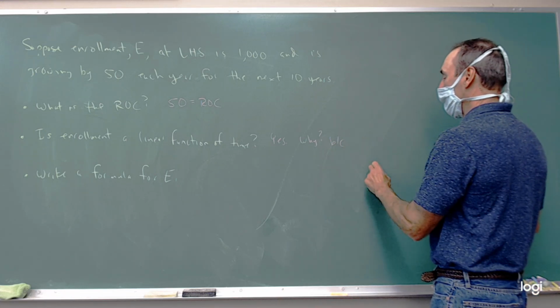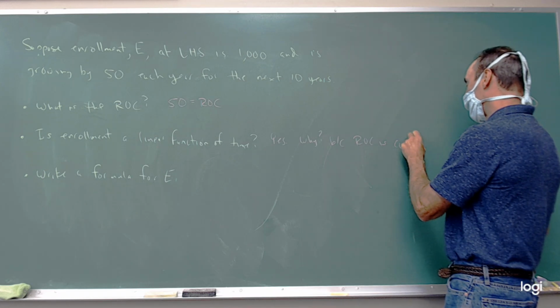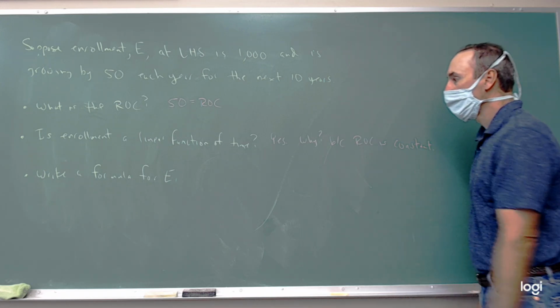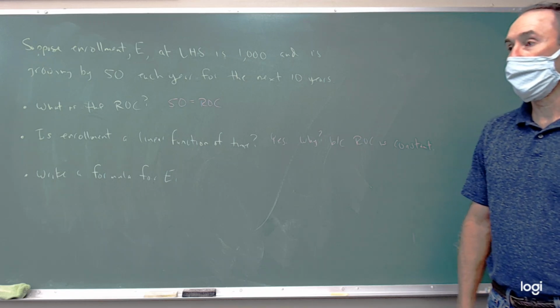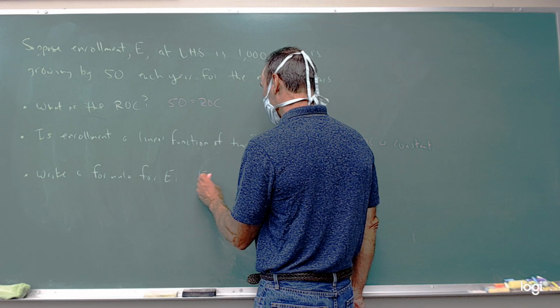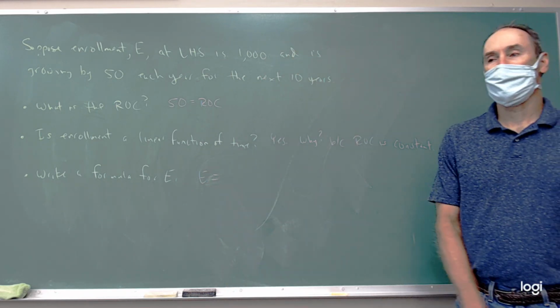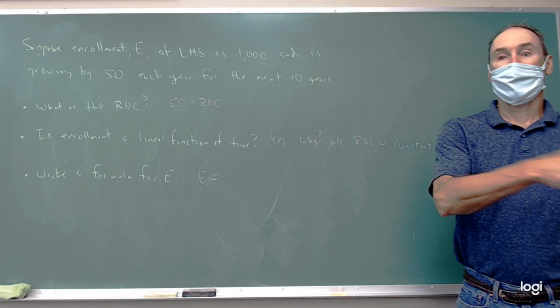So I'm going to say because the rate of change is constant, always 50. Good. Okay, could you come up with a formula? Somebody that hasn't spoken in the last couple questions, so we can get that one, okay?